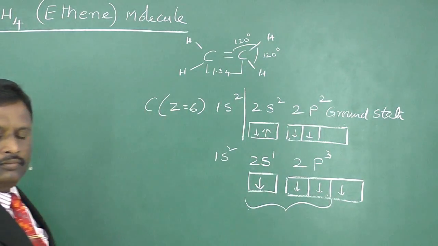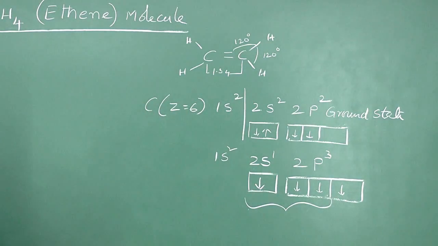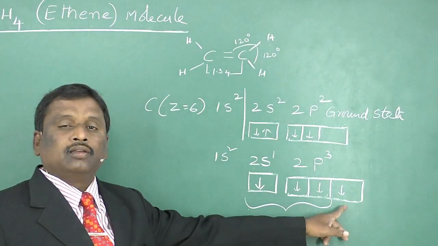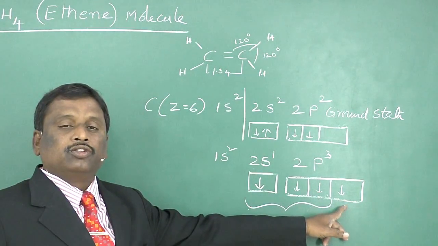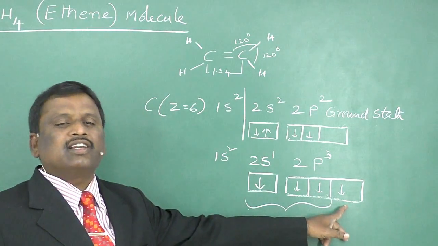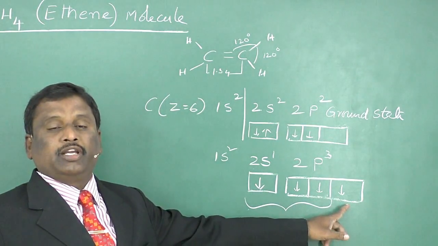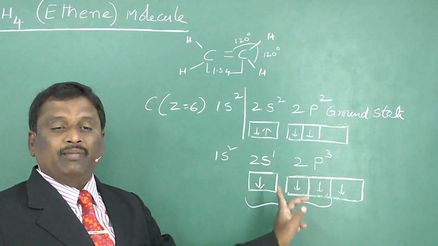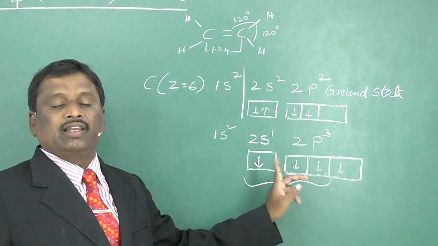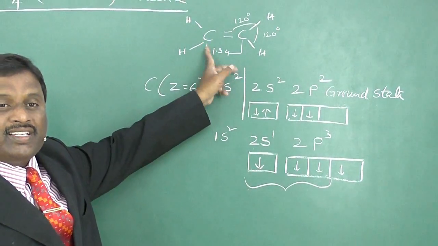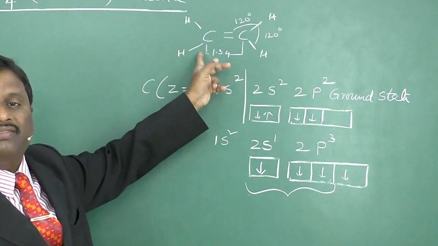Now you have to remember, once again I reflect, you should not ask me why the third p orbital does not take part. You should not raise a logical question. I have no answer for it, because I am claiming this sp2 hybridization in carbon to support the structure of C2H4, which has experimental evidence.